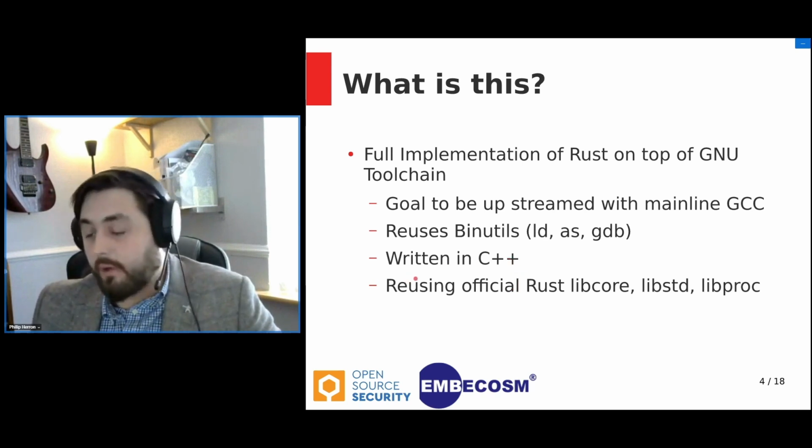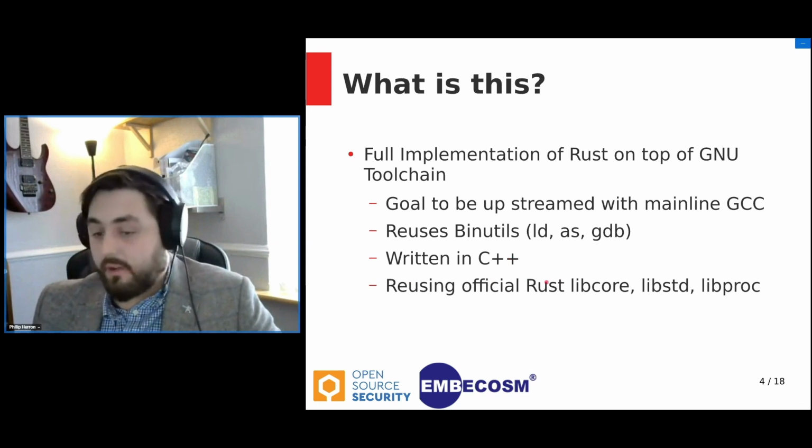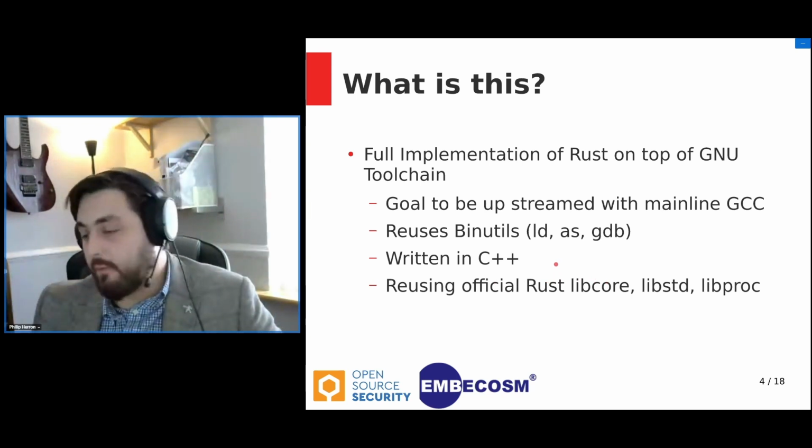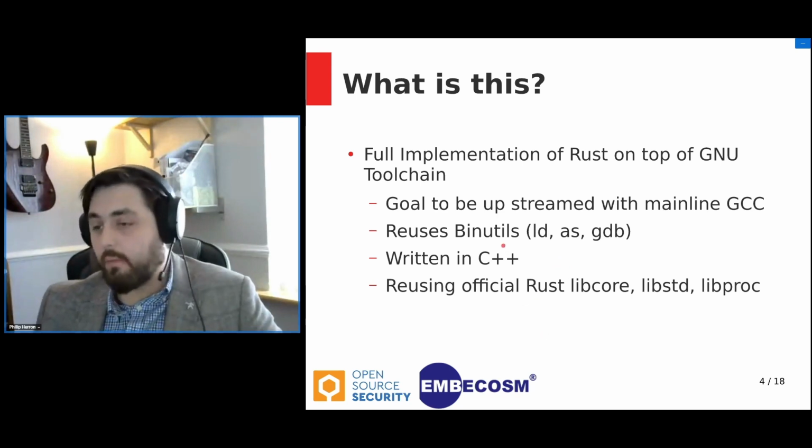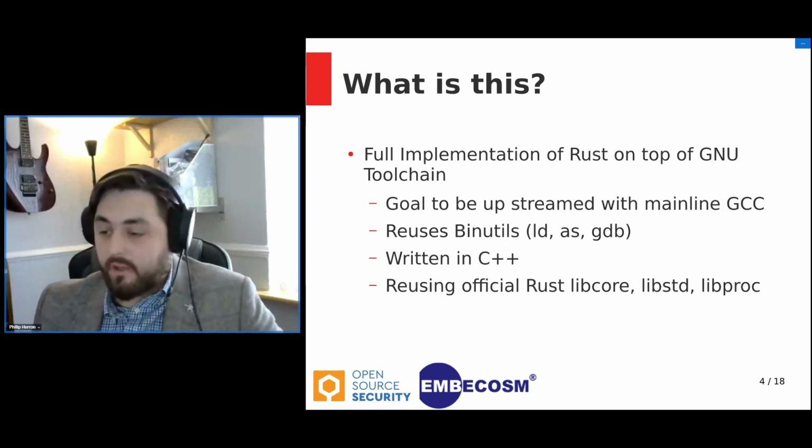And we want to reuse things like the official Rust libcore, libstd, and so on. We want to reuse those with absolutely minimal changes as possible. So that's the idea of what this will eventually be. And you'll see a demo later on to show you what it's like to invoke it and so on.